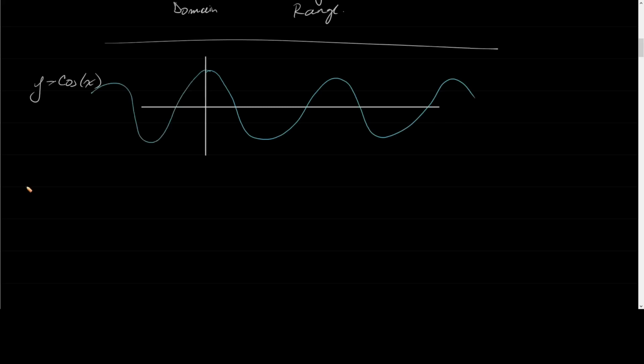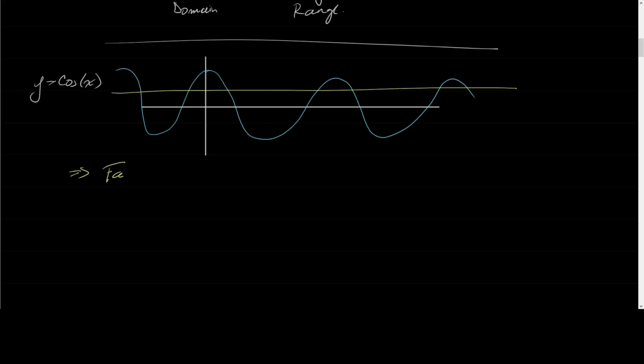And notice here that we have the same issue that we had with sine, meaning that it fails the horizontal line test, right? Maybe I'll do it a little bit lower. There we go. It fails the horizontal line test, which implies no true inverse exists.